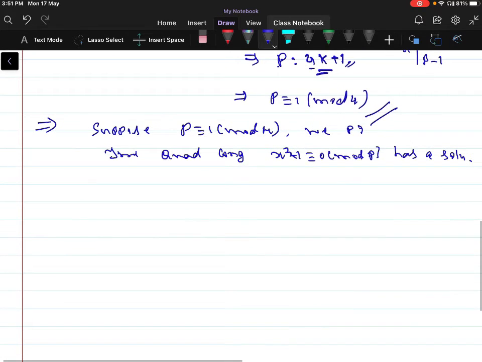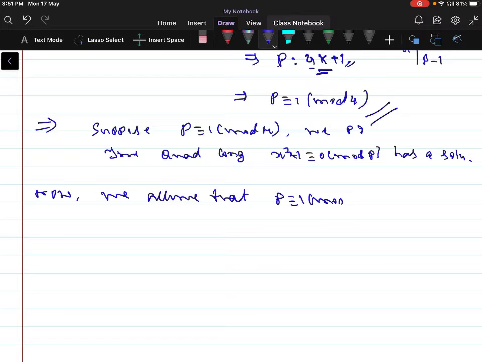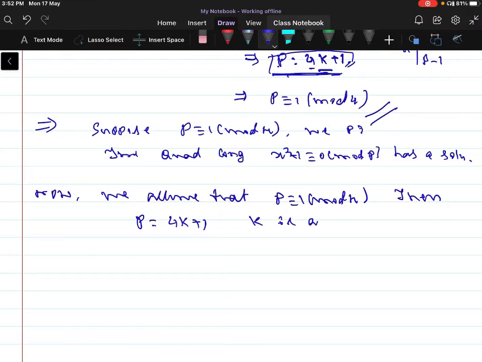Now we assume that p is congruent to 1 modulo 4, then p can be written as 4k plus 1, where k is an integer.